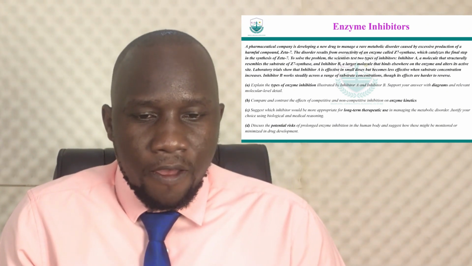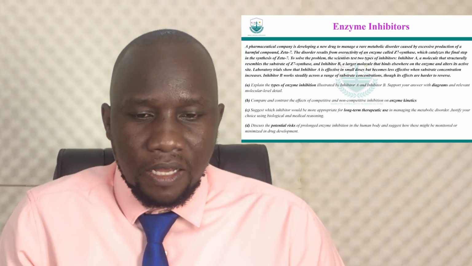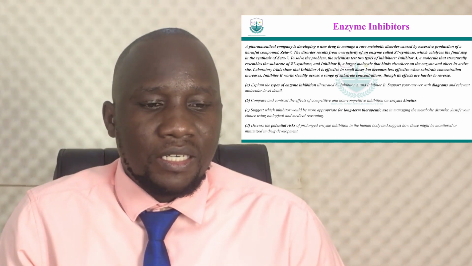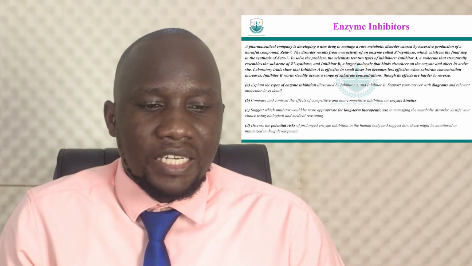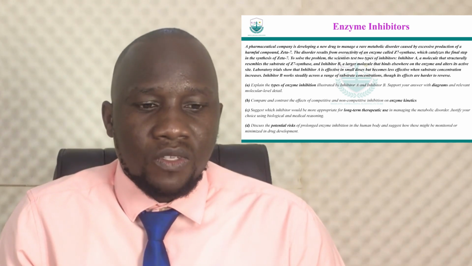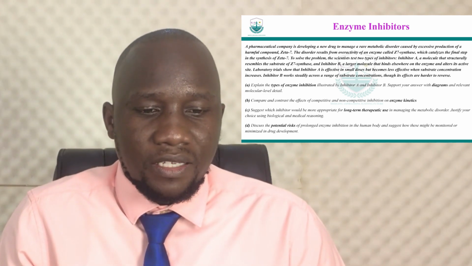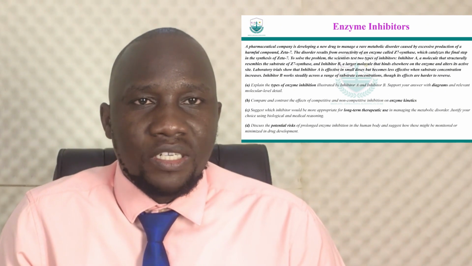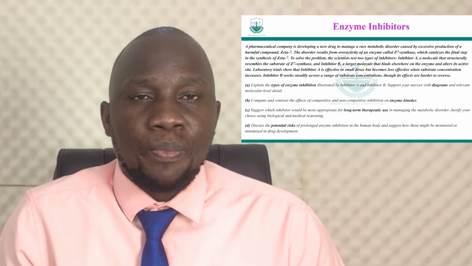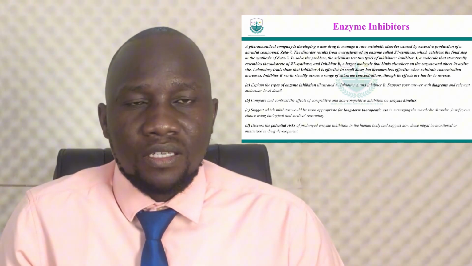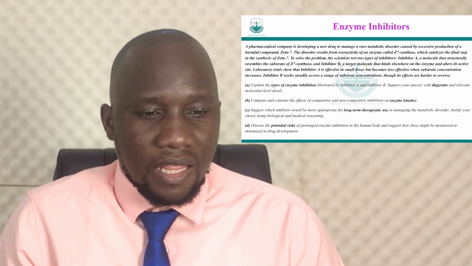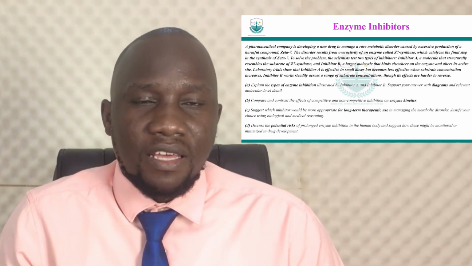Inhibitor A is a molecule that structurally resembles the substrate of Z7 synthetase. So that one is competitive. Here you basically say that inhibitor A is a competitive inhibitor because it resembles the natural substrate for the enzyme, and that enzyme is Z7 synthetase.